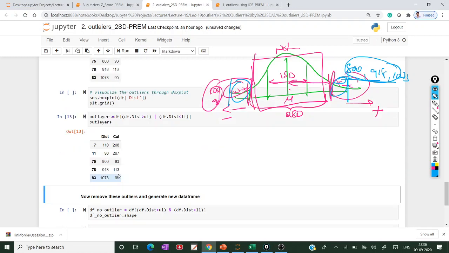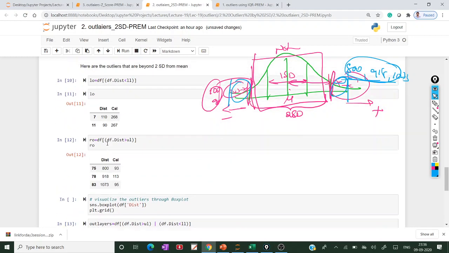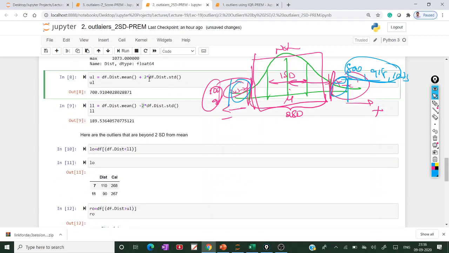These are the total outliers when using the second standard deviation. Suppose I am using the one standard deviation, so I replace the value with 1.